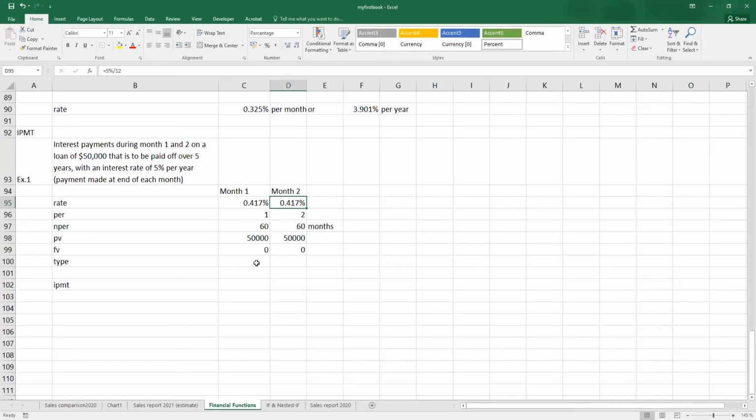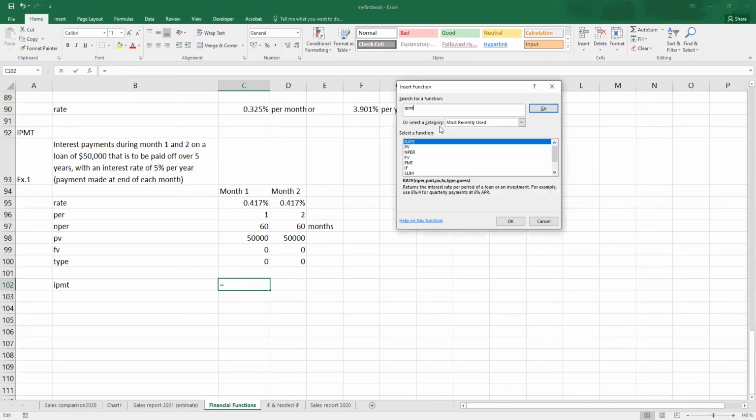For the type, you pay at the end of each month, so type is 0. After that we calculate the IPMT. We do one column at a time because I want to calculate the interest payment for month number 1 first.